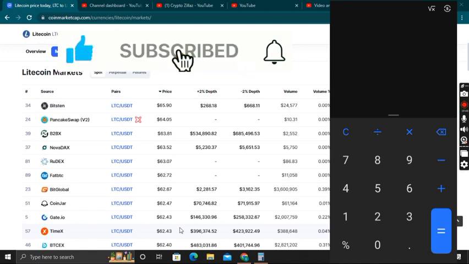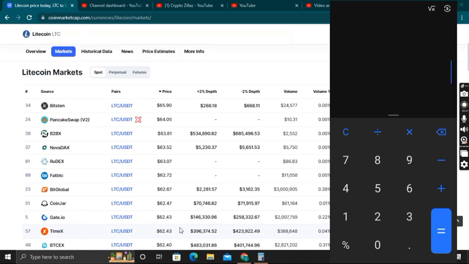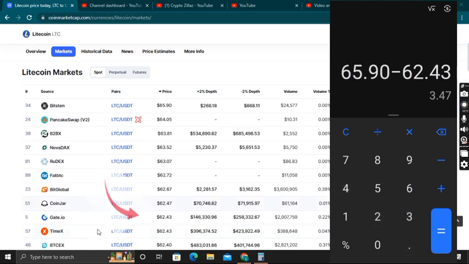What we need to do next is subtract, because we are selling at Bitstamp exchange, which is currently at the price of 65.90. So 65.90 minus 62.43 gives us 3.47 profit on one Litecoin.